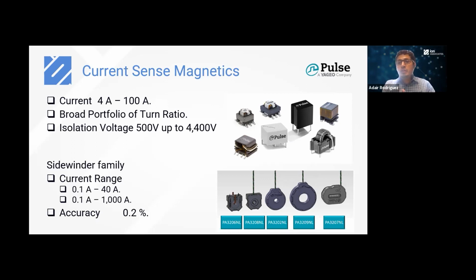Or if we want a solution that can be assembled directly onto the wire, on the bottom of this slide we have the wide side window family. They have the capability to measure from 4 amps up to 1 kilo amp with an accuracy of 0.2%. So they're really good.